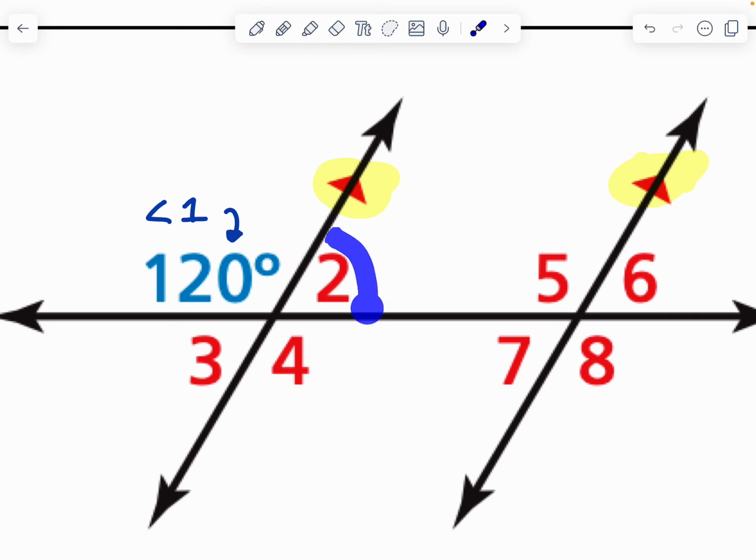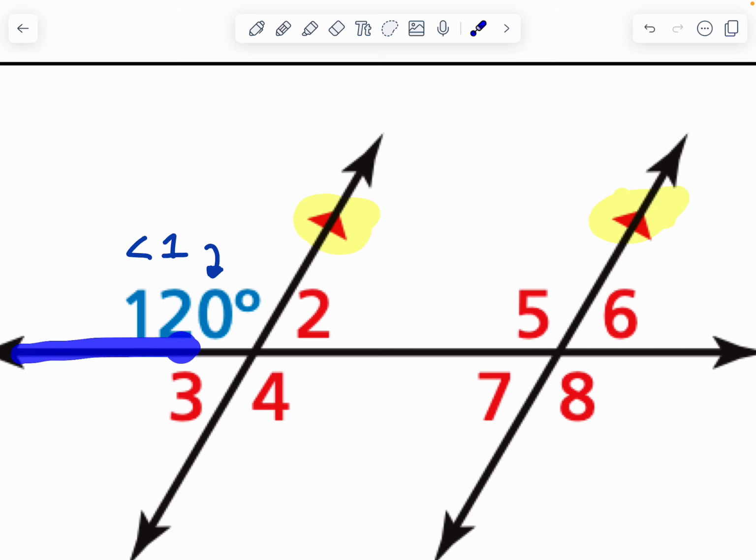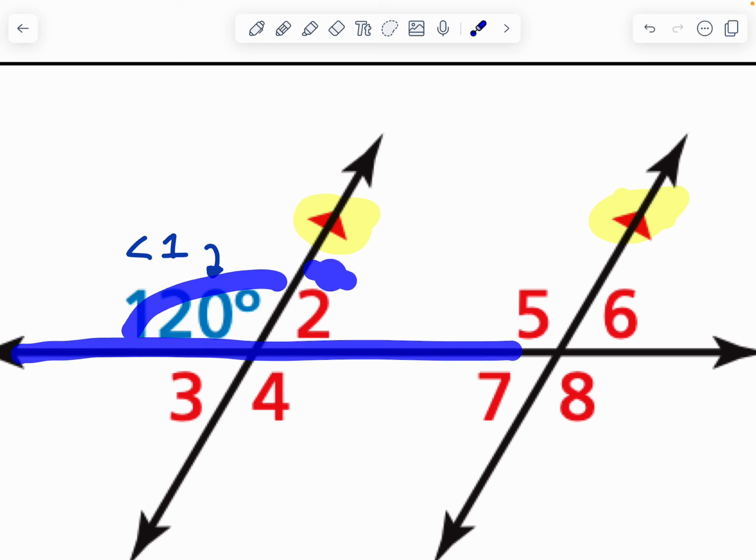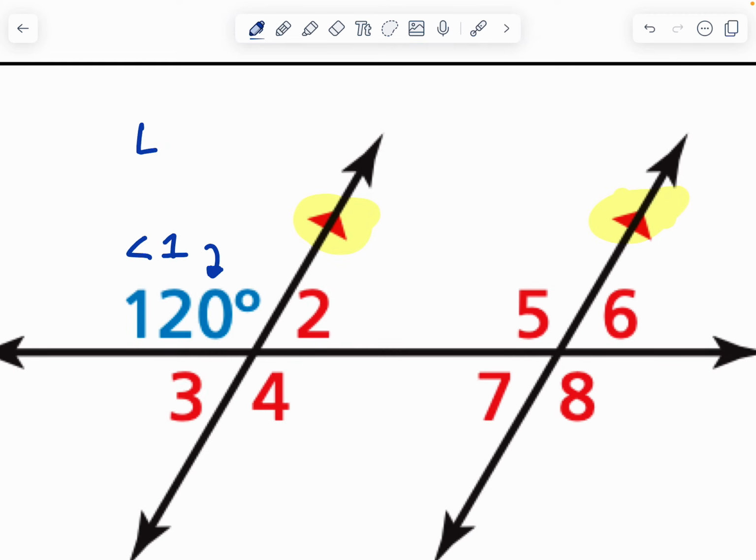The first one that I want to look at is angle 2. Is there any relationship that we maybe already knew going into this unit about angle 1 and angle 2? Well, they create a straight line, which we've already seen pairs of angles that create straight lines. Those are called linear pairs.